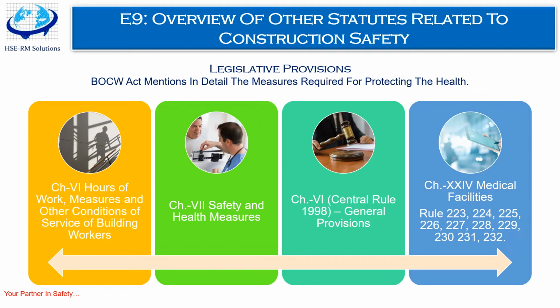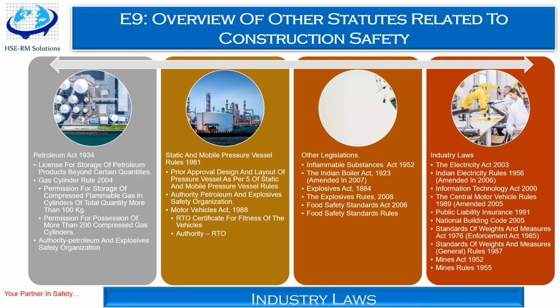Emergency preparedness and response should be there. Mock drills should be conducted, compliance evaluation should be done, and incident investigation is also to be done. This comes under the conformance to the guidelines and ILO guidelines. So this is all about the BOCW requirements. Now let us see what more we have in the box, and that is on the industrial law front.